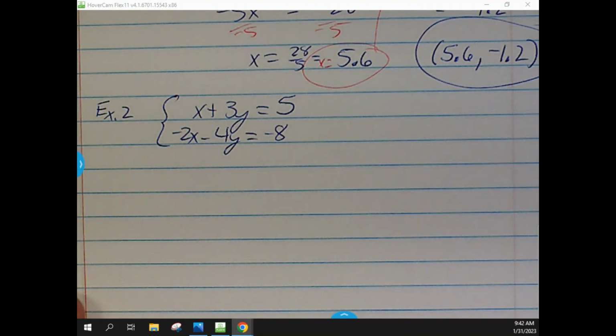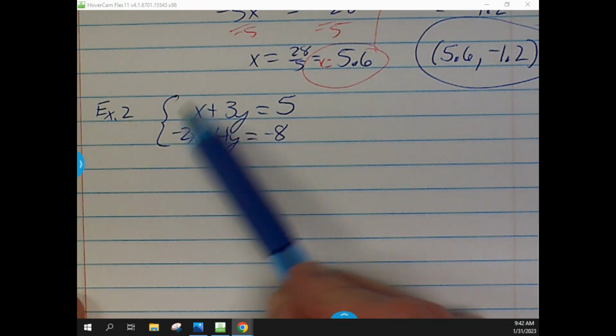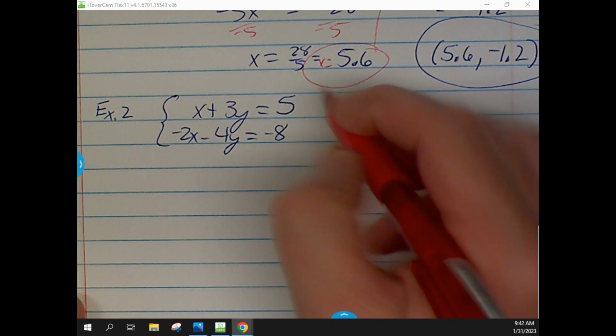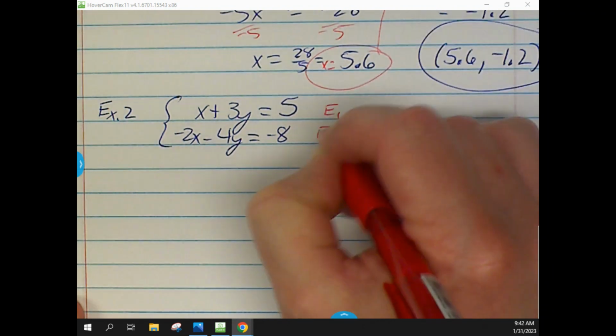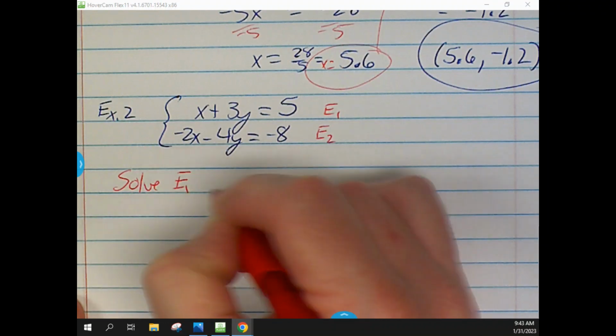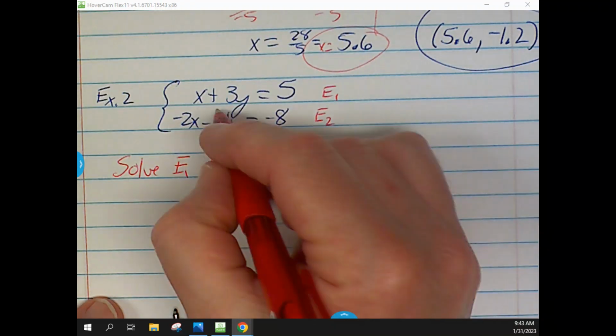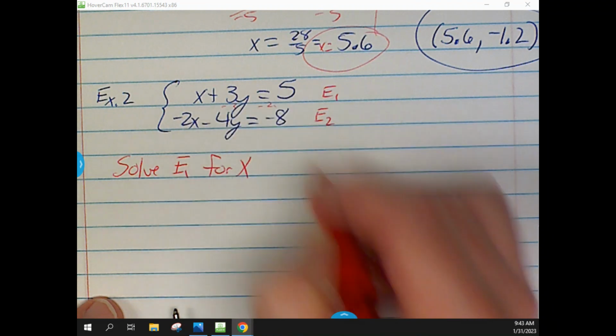Okay, so for this one, if they tell you to solve by substitution, you've got to solve one of these for x or y. And again, the one where you've got just an x by itself, let's take that equation and solve it. So we're going to solve equation 1 for x because all we've got to do is just subtract the 3y from both sides.